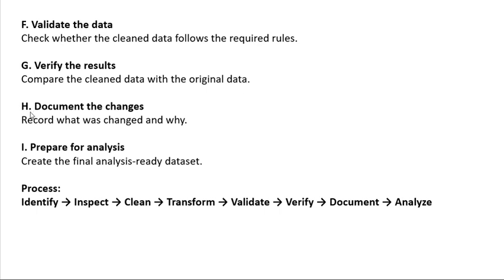Eighth is document the changes, record what was changed and why. And ninth is prepare for analysis, create the final analysis-ready data set. The process is identify, inspect, clean, transform, validate, verify, document and analyze.